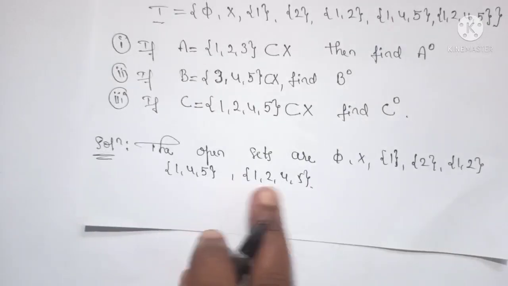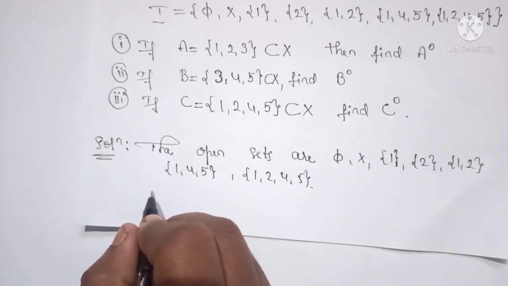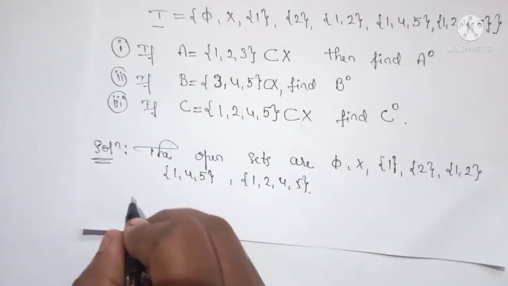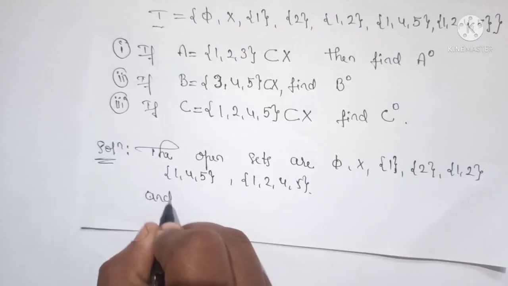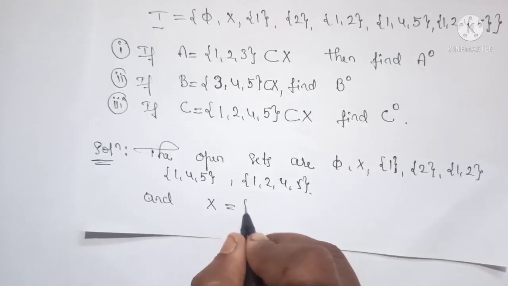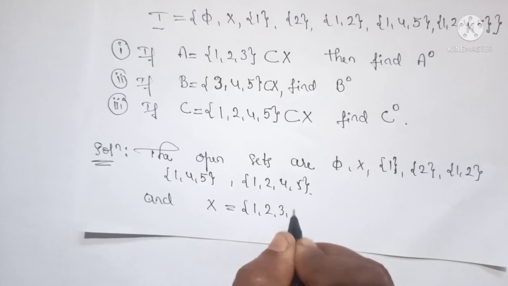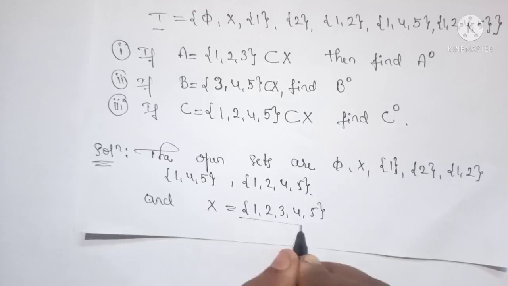You can consider this as T also. And we write X, which is {1, 2, 3, 4, 5}.